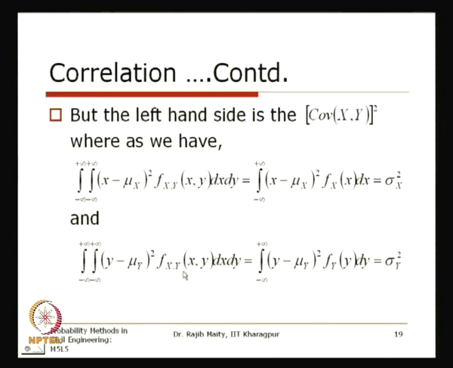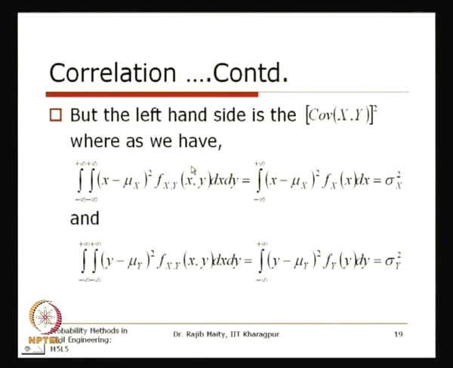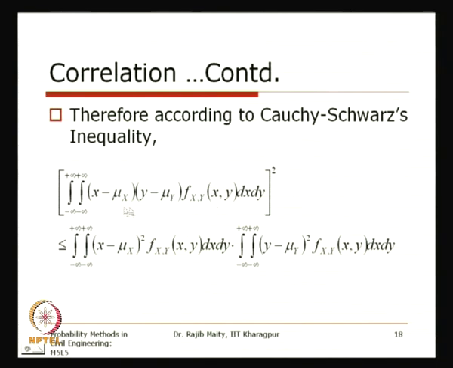Similarly, the other one is equal to sigma y square. Now, if we put this in the expression we started with, the covariance square is less than or equal to sigma x square times sigma y square.